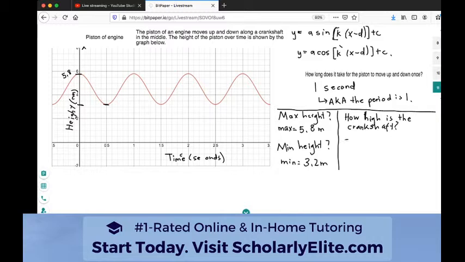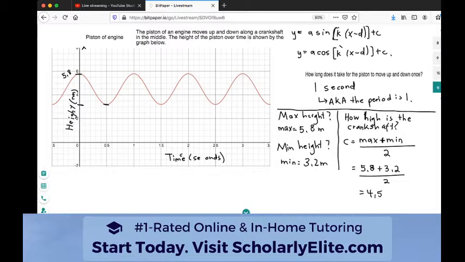And all we have to do is C equals max plus min divided by 2. Sorry, guys. My bad. 5.8 plus 3.2 divided by 2, which is equal to 4.5.